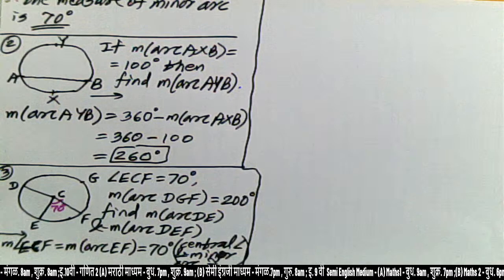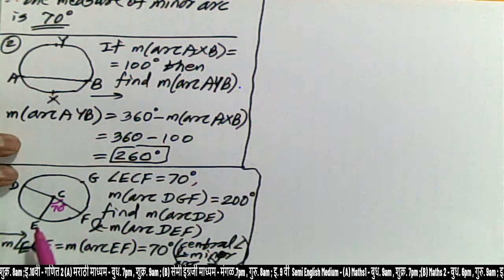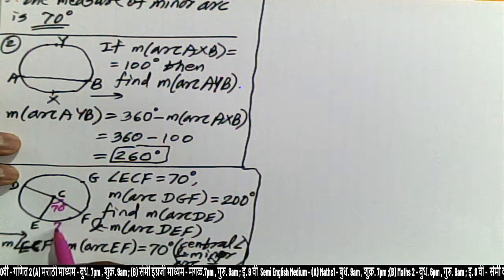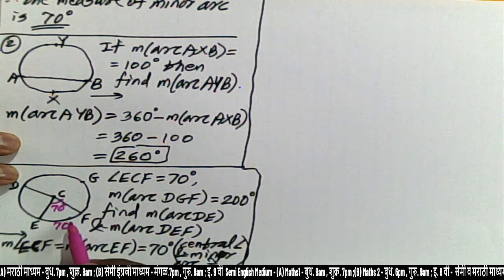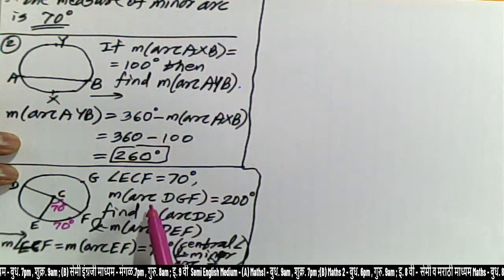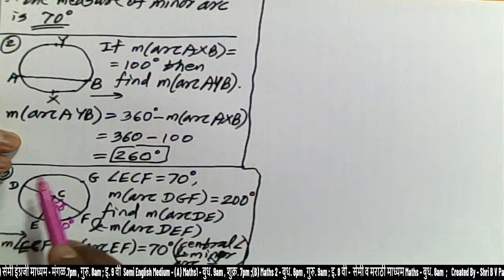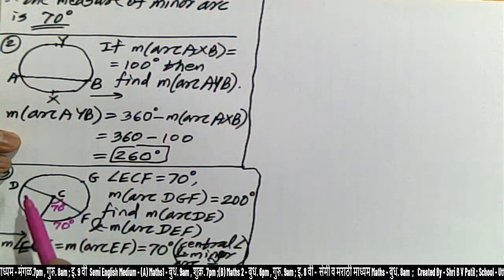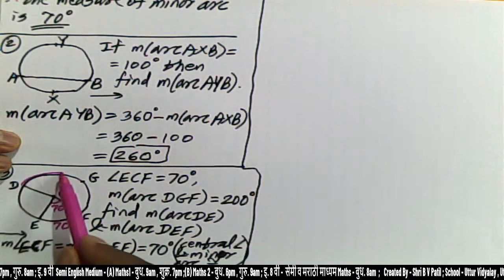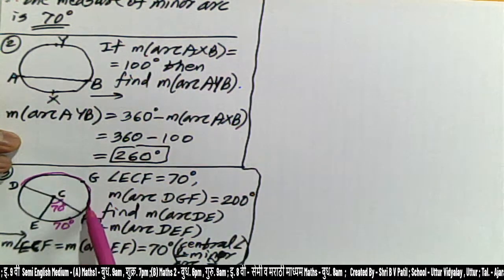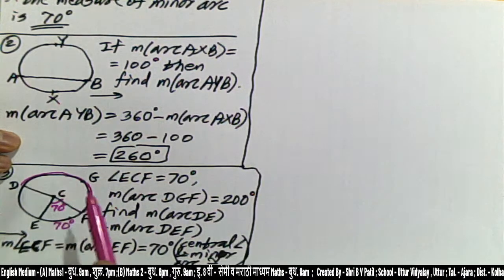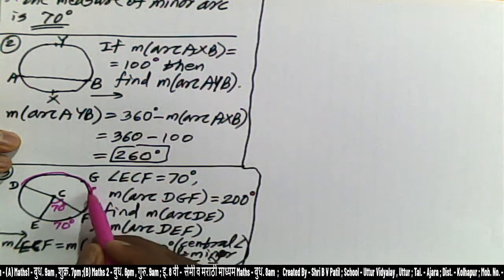Then here 70, here also we get 70. Then the measure of arc DGF, that arc given here, its measurement is 200.